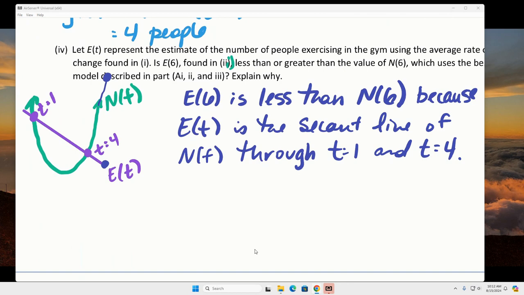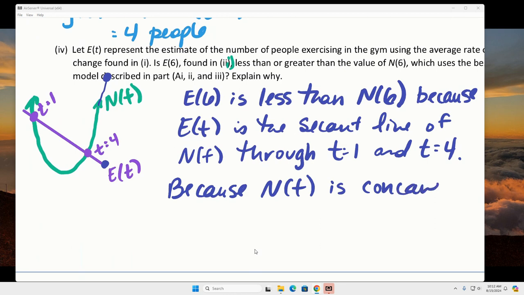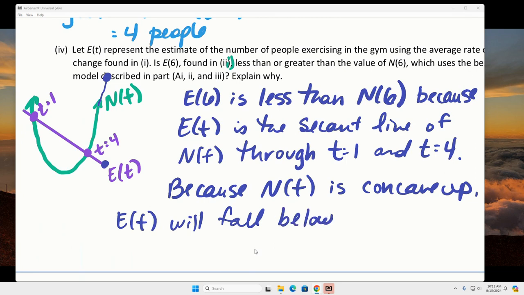All right, and then because we have to mention the concavity, N of t is concave up. E of t will fall below N of t when t equals 6.